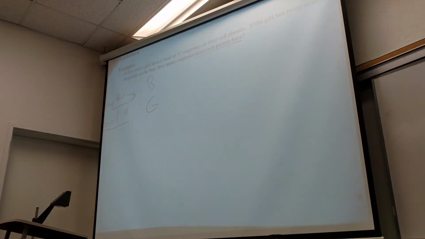Now you're looking for how many separate equations? 2, because I have 2 things I don't know. The very first sentence is an equation. A boy and a girl have a total of 57 ringtones. B plus G equals 57, together they have to be 57. Very often you're going to have an equation that's a total. You bought a total of 8 things, some erasers and some pencils.